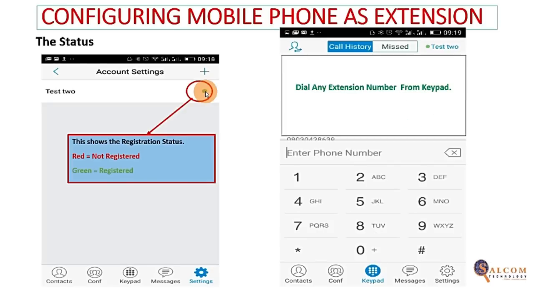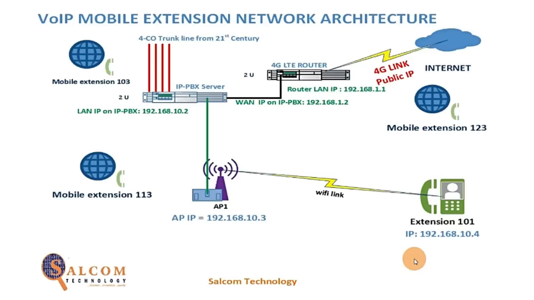So now, once this is registered with the server, it is ready to receive or make calls. You can open the keypad and dial the extension that you want to call. And this is the end of the guide.